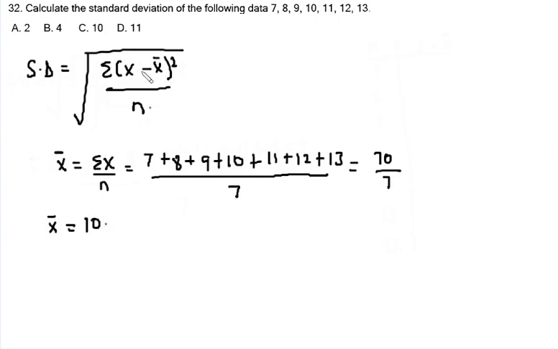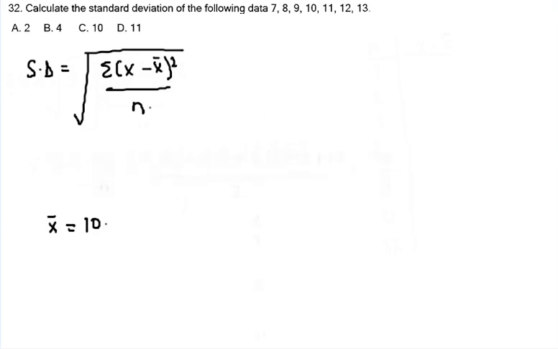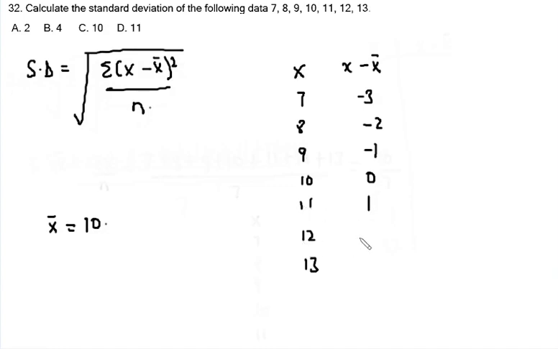To get our x minus x bar, we need to draw a table that shows all our values. So x is 7, 8, 9, 10, 11, 12, 13, and then x minus x bar is 7 minus 10 is minus 3, 8 minus 10 is minus 2, 9 minus 10 is minus 1, 10 minus 10 is 0, 11 minus 10 is 1, 12 minus 10 is 2, 13 minus 10 is 3.